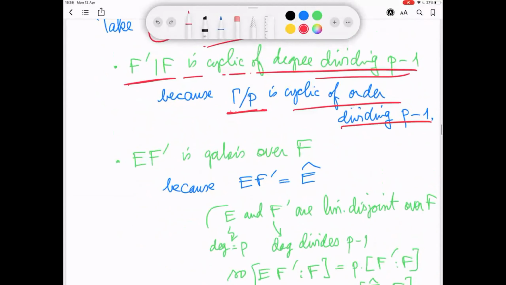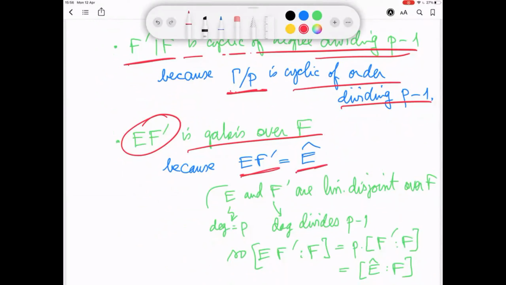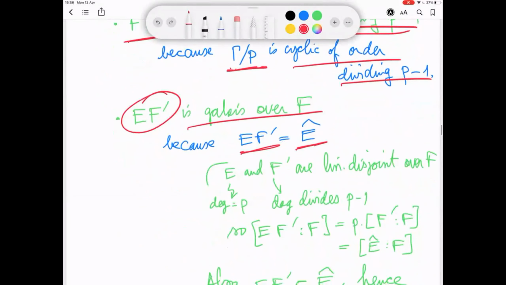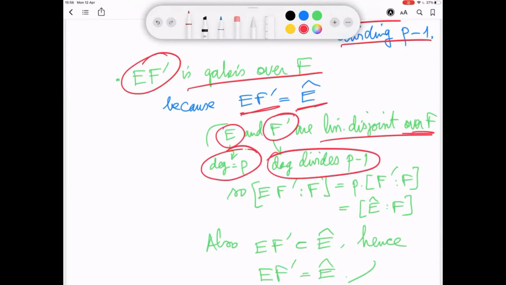Now, we also have to prove that EF prime is Galois over F. That's because EF prime is actually equal to E hat. Why is it equal to E hat? Of course, E and F prime are both contained in E hat, and they are linearly disjoint over F, because this is of degree P and this is of degree dividing P minus 1.